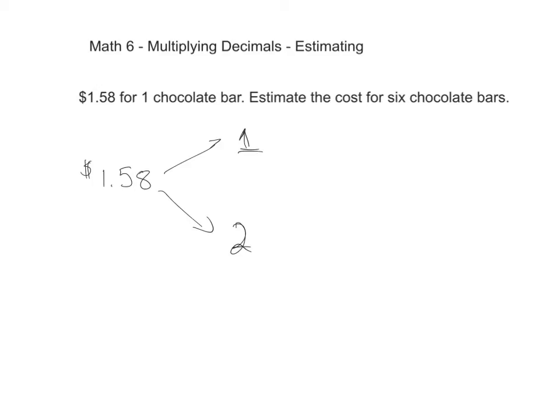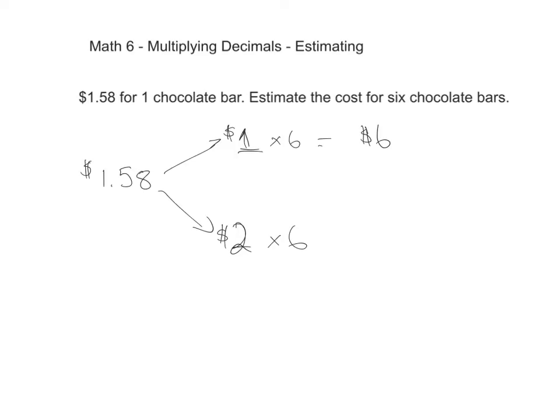Now you can see if I'm going to buy 6, I can just multiply that by 6, and what you end up seeing here is my cost, if my chocolate bar cost $1, would be, if I bought 6 of them, $6.